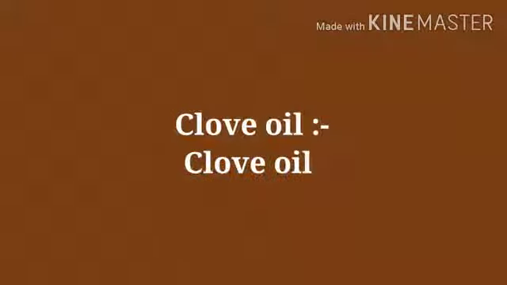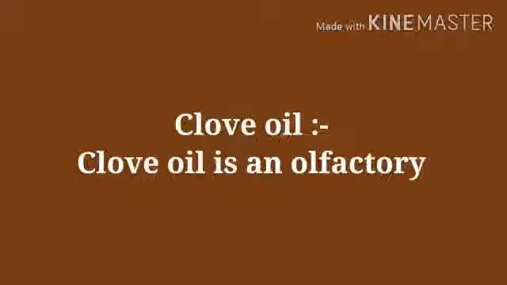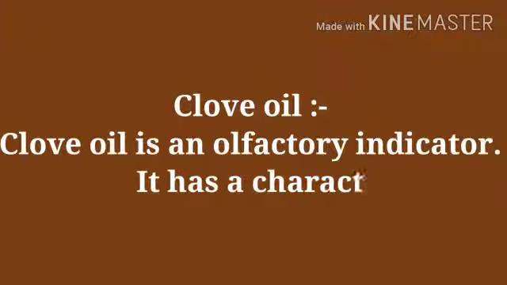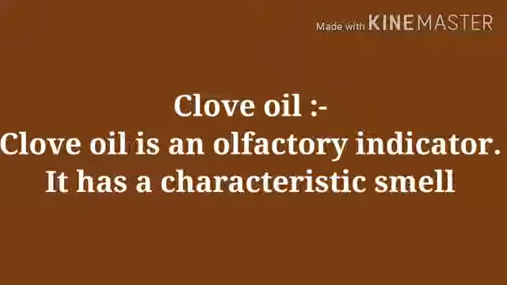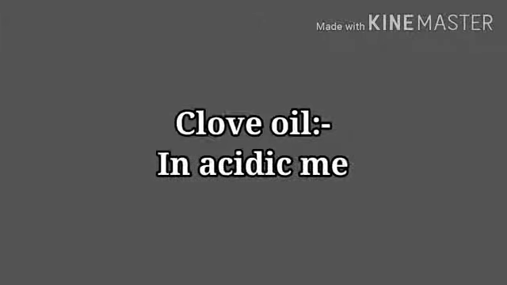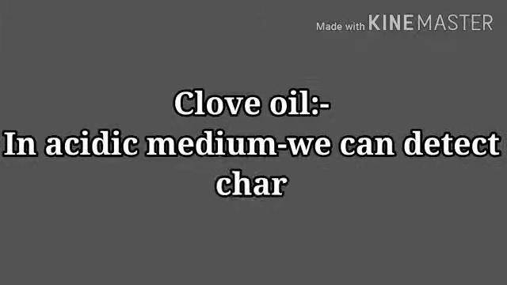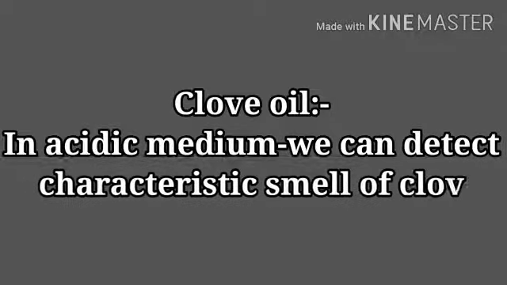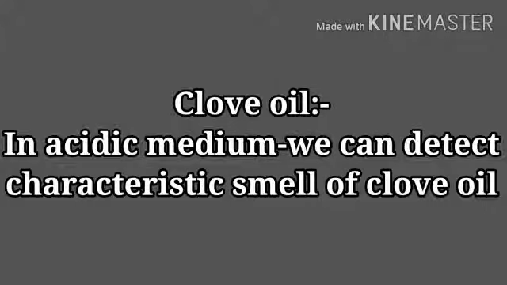And students, clove oil is another example of olfactory indicators, and it has a characteristic smell. Similarly, in acidic medium, we can detect the characteristic smell of clove oil, or we can say that an acid solution like hydrochloric acid does not destroy the smell of clove oil.